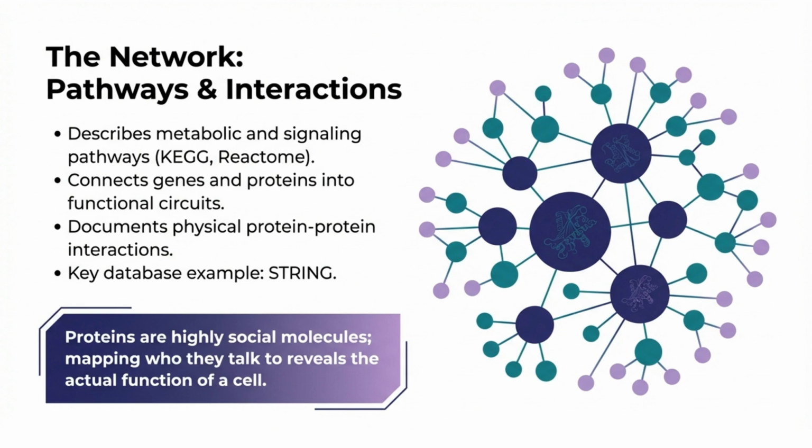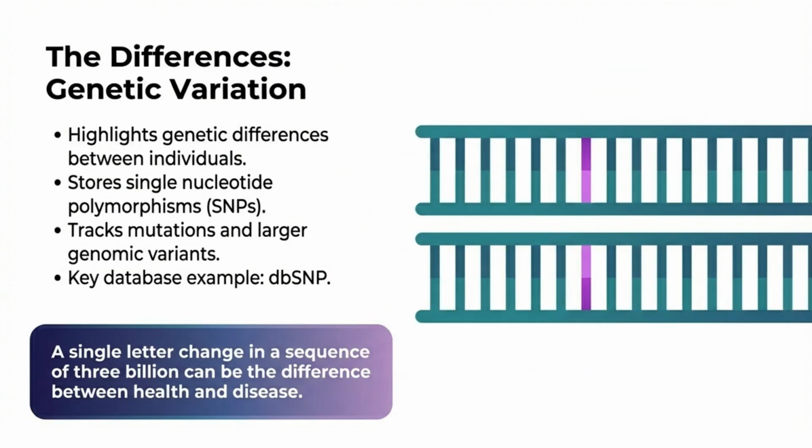But among all individuals, one very important source of biological variation is the genome itself. Even though humans share most of their genome, small differences in sequence can have major biological consequences. One of the most studied forms of variation is the single nucleotide polymorphism, or SNP. This is a change in just one nucleotide position in the genome.